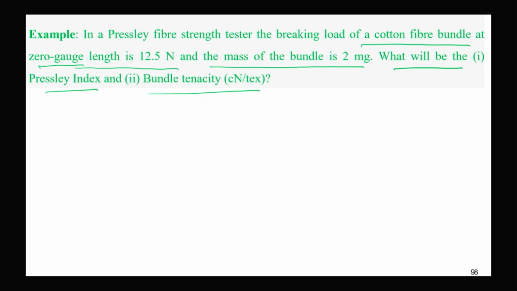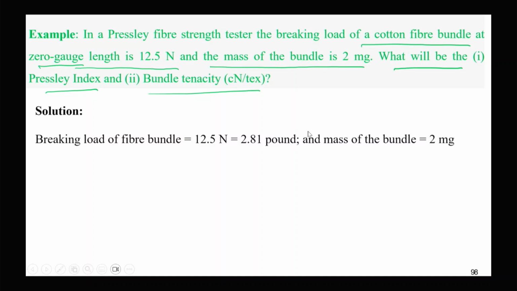So it's very simple. So breaking load is given, and we can convert it to pound. So 12.5 Newton equal to 2.81 pound. So in Pressley index, pound is required.